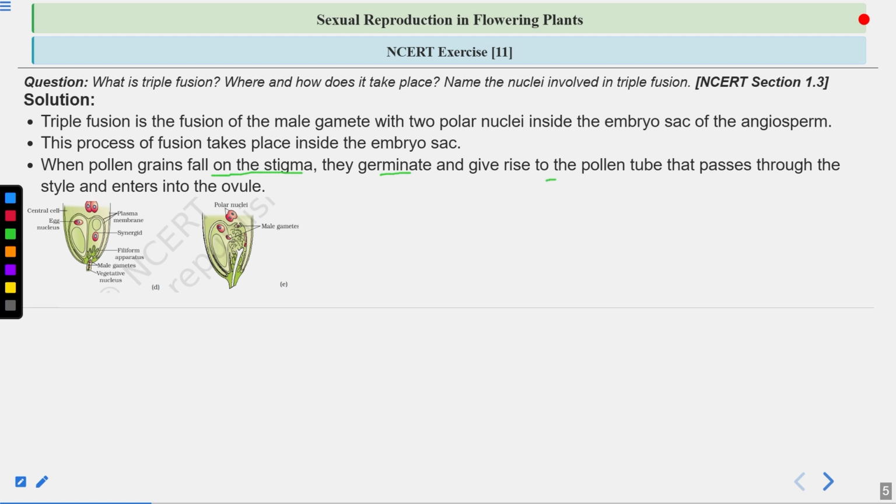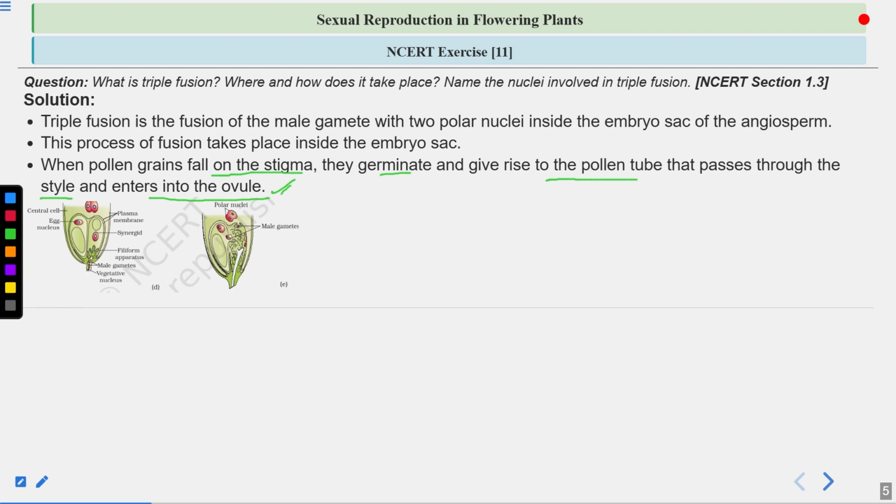So the pollen tube passes through the style and enters into the ovule. But there is also some chemical reaction taking place on the stigma. The chemicals, the hormones released by the stigma help the pollen grain to germinate, if it is a compatible one.